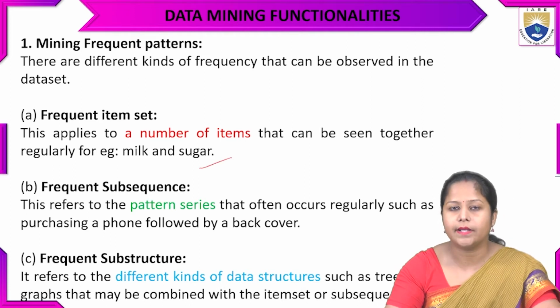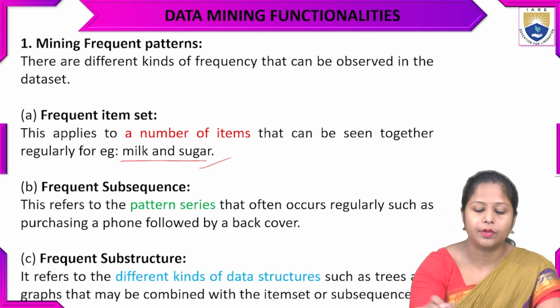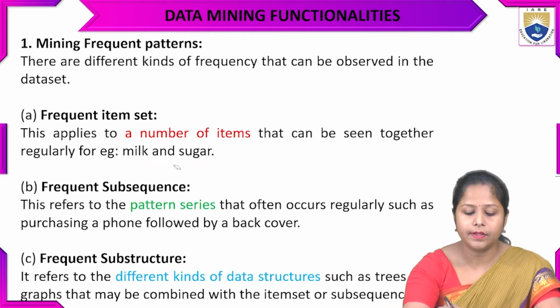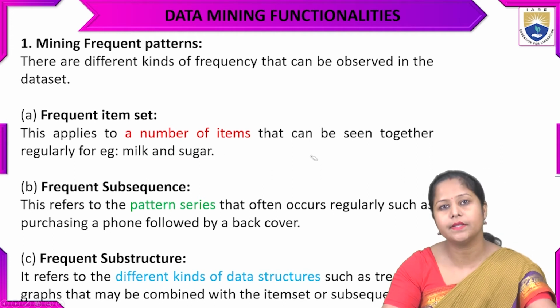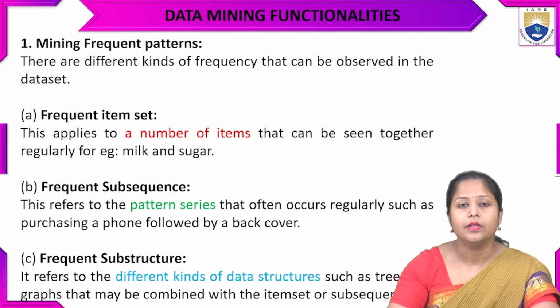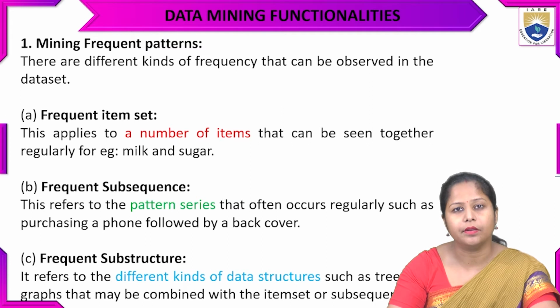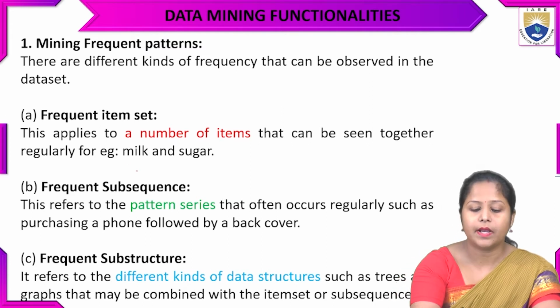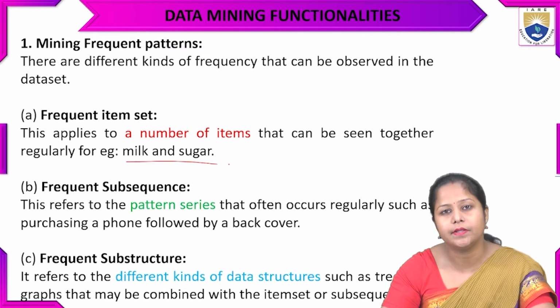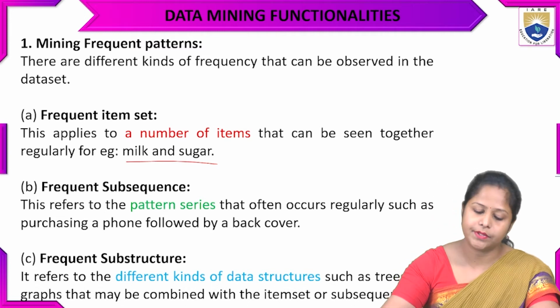For example, milk and sugar. In any store we go to, milk and sugar will come together, right? So a number of items that can be seen together is a frequent itemset.